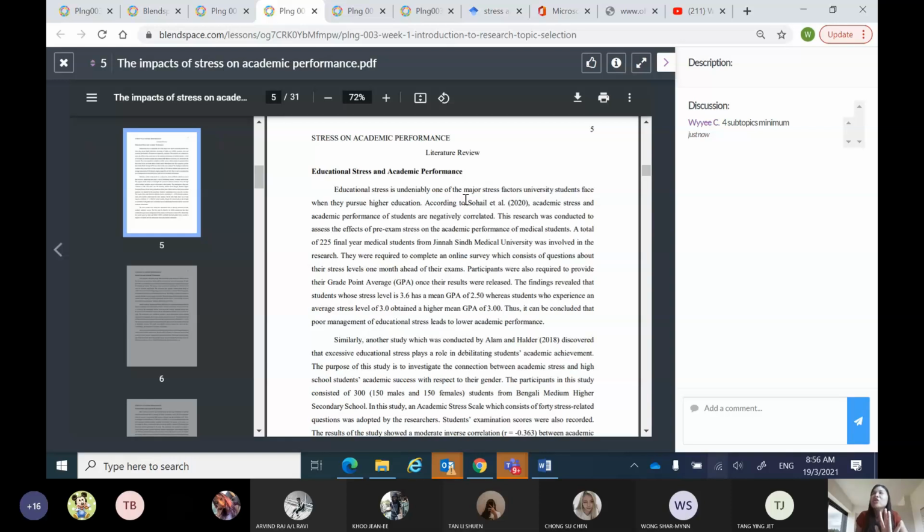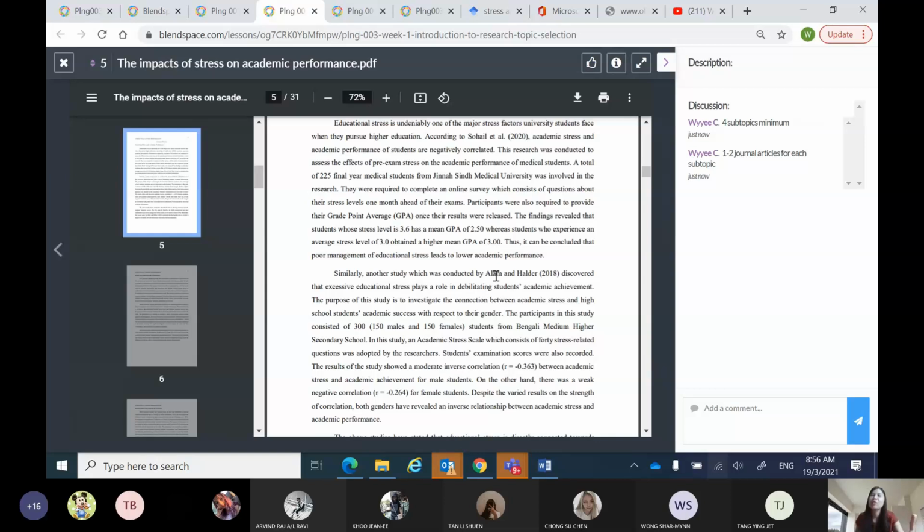So you find journal articles, at least 1 to 2 journal articles for each subtopic. If you have 2, it is better. If you have 1, it's fine as well. So try to have 1 or 2 subtopics where you have 2, so that you know how to write in that manner where you can compare and contrast 2 journal articles.